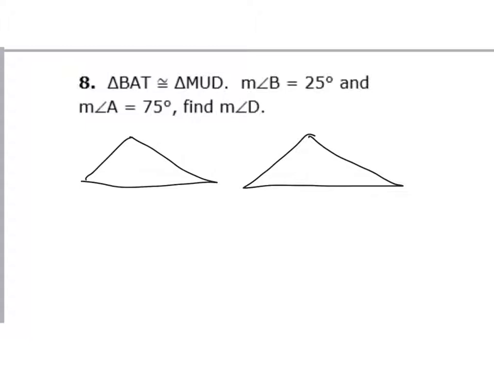Okay? I'm going to label it B, A, D, and M, U, D. All right, so then I see that B is 25, and I know B matches with M, so M is also 25.